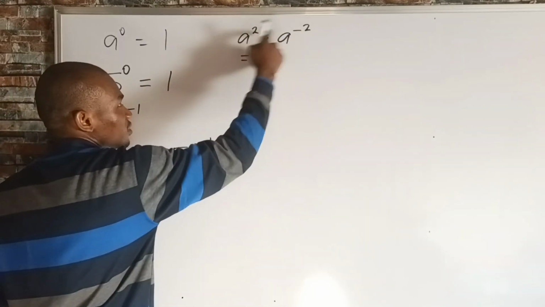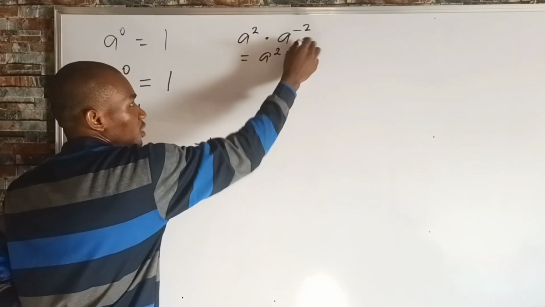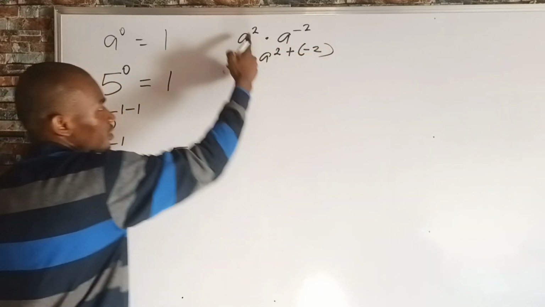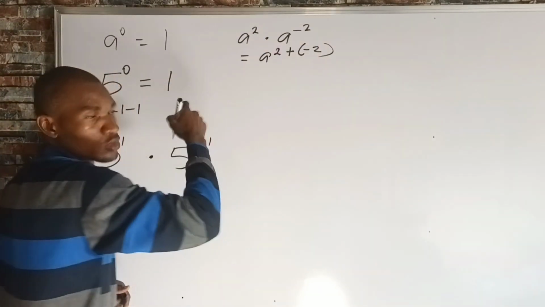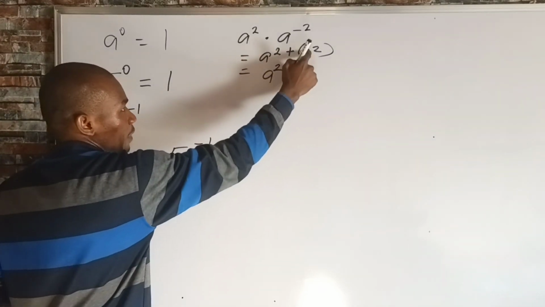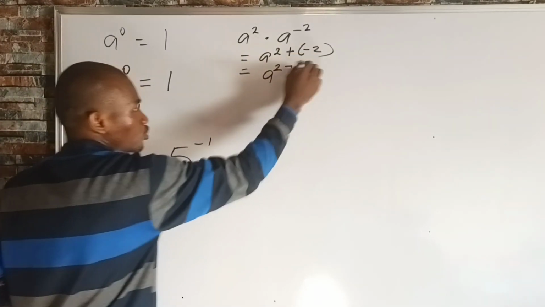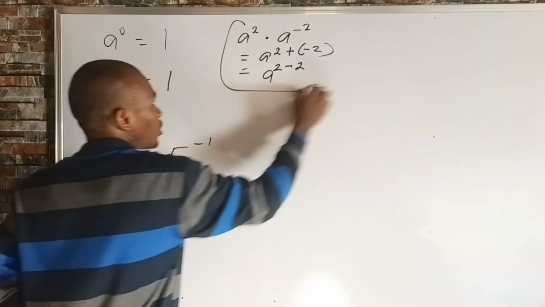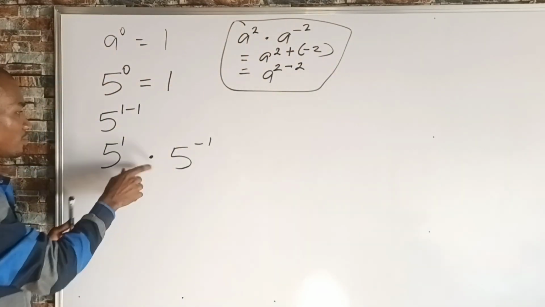And to add their powers, I have 2 plus minus 2, so I'm adding 2 to minus 2, such that A raised to the power of 2 plus minus 2, because plus multiplied by minus is minus, then 2. So bring this knowledge to existence here.